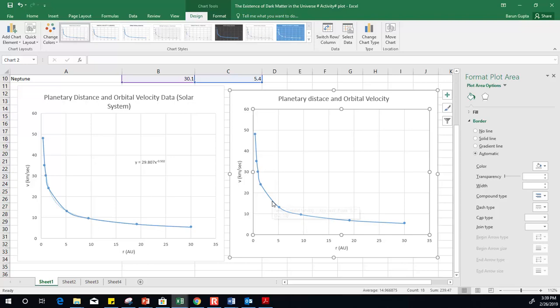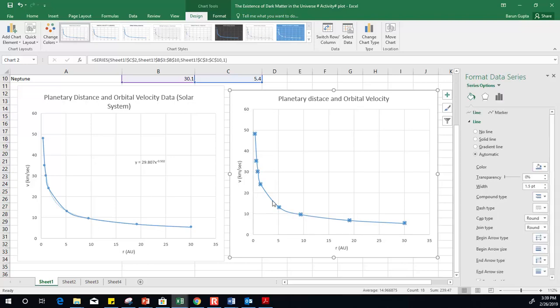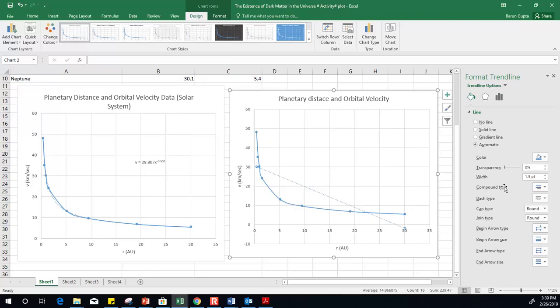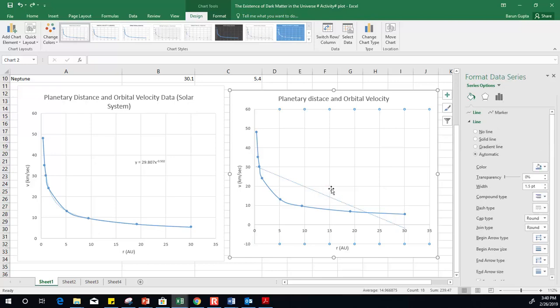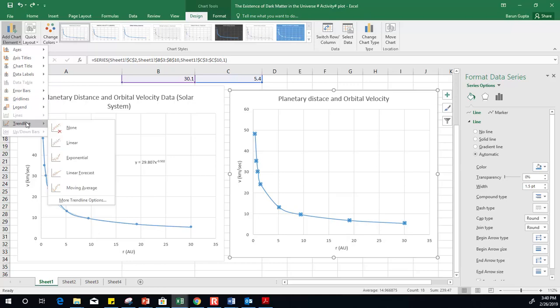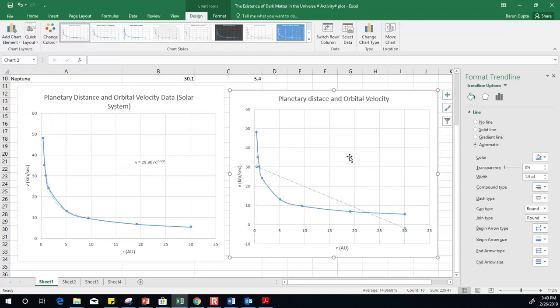Once you do that, click onto this button here again, and you see the trend line. Go to the trend line, select more options, and you can choose different kinds of graph here. Let me delete this one first. Trend line, and more trend line options.